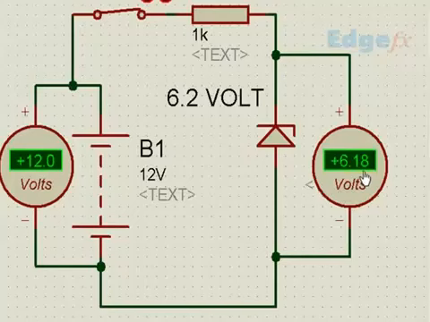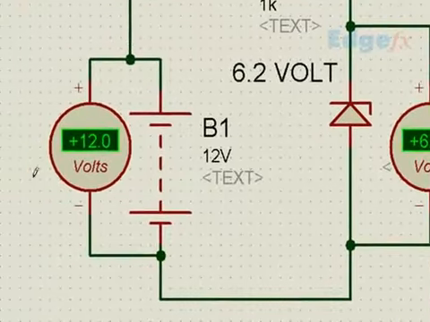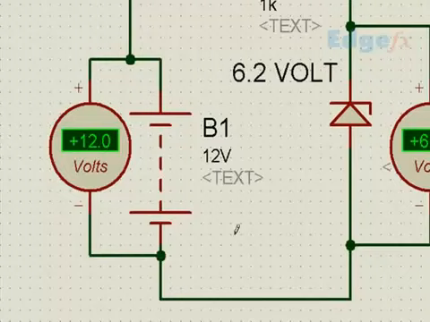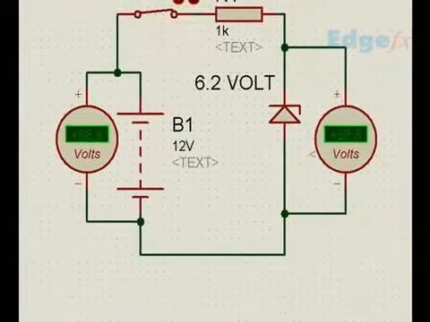Now if we replace this by a diode, what will we get? We will get the supply voltage itself because in the reverse bias condition the diode is not going to conduct. Let's see that.